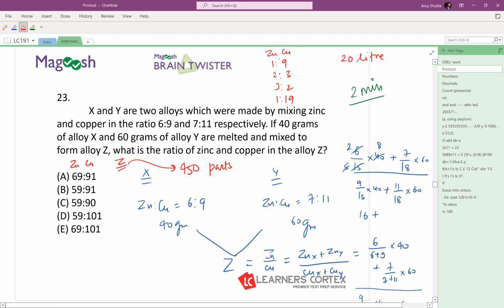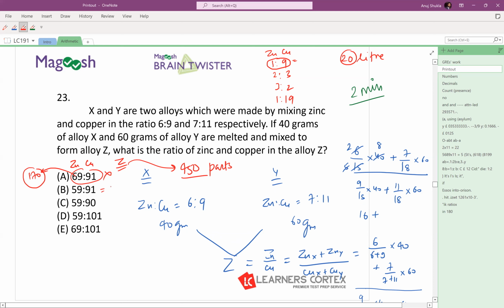Means if you add these two, you will get an integer which divides the total, because you are dealing with only integers, no decimals here. Means if you add these two, 69 and 91, this is 170. If this 170 is a factor of 450, then that is the answer. Or if this 450 is divisible by 170, then that is the answer.